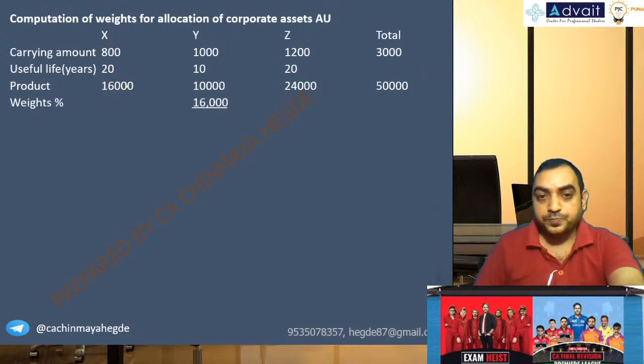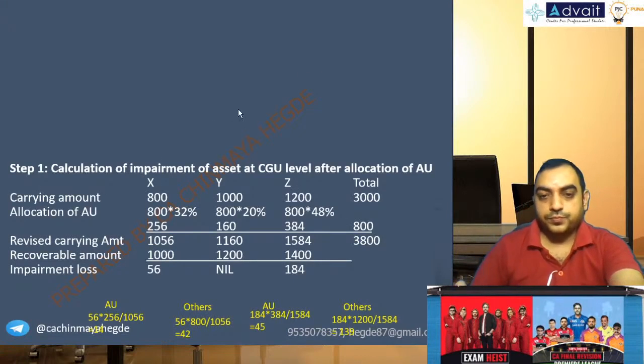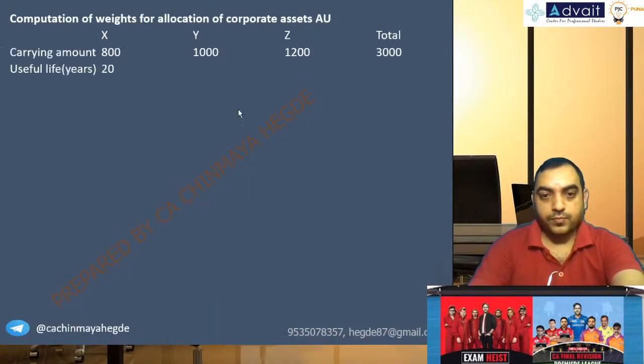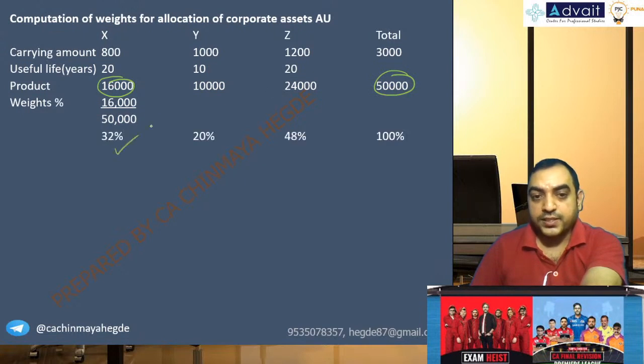Compute the percentage now. Weights in terms of percentage, you can do proportionate also. 16,000 out of total 50,000, we get 32%.